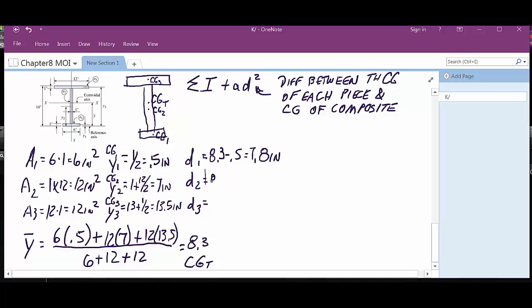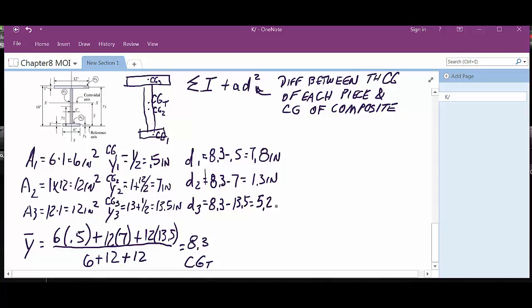Then we got 8.3 minus 7, 1.3, and then 8.3 minus 13.5. Punch that in. What's that going to be? 5 point what?